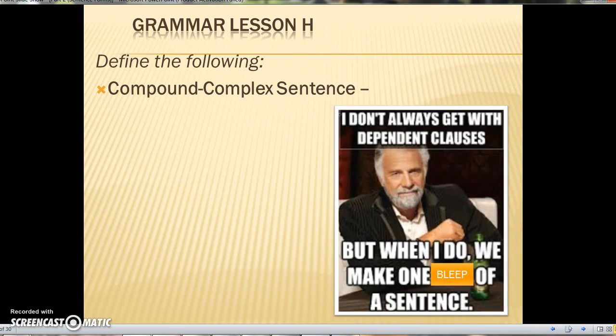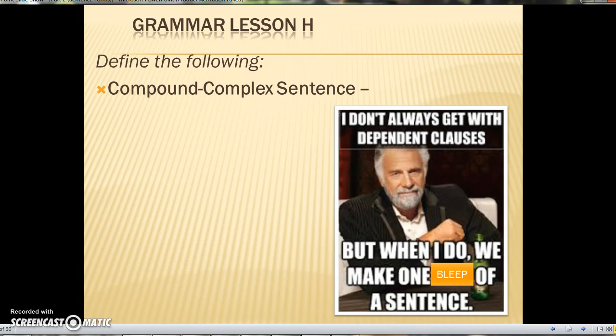A compound complex sentence contains one or more dependent clauses and at least two independent clauses. In other words, it combines a compound sentence with a complex sentence. Remember, a compound sentence has two independent clauses that are married together and balanced, and a complex sentence has one dependent clause that depends on an independent clause to make a complete thought.